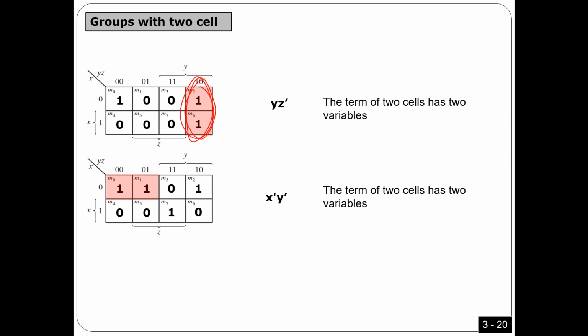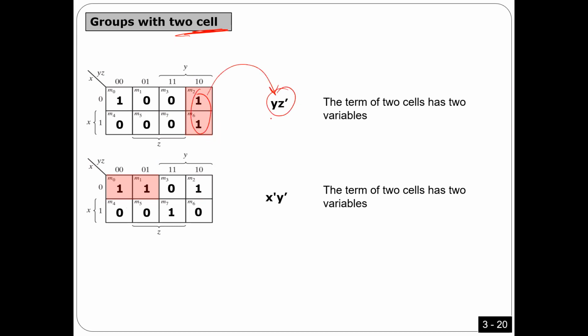ones now? If your group has 2 cells or 2 squares, first of all, they are neighbors, because every square is a neighbor vertically and horizontally. This one is a neighbor to this one, and this is a simplification. Instead of taking them individually, I can combine them together as one group. So I can take this as one group. How can I get the term of this group?